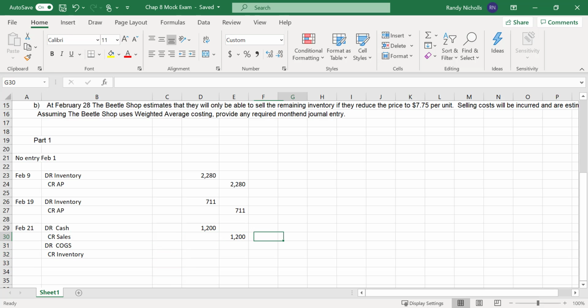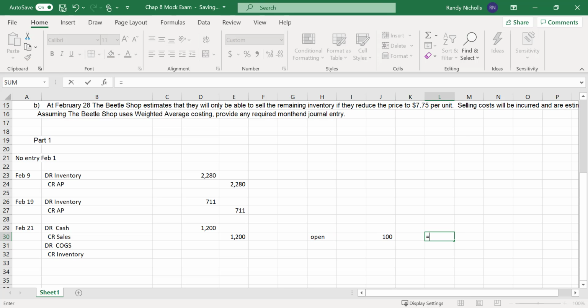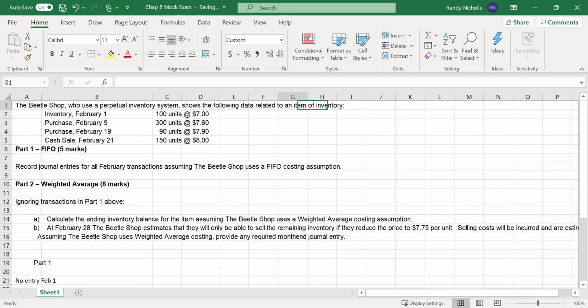So let's maybe just do some math over here. I've got the opening of 100. And then the other 50 units would have come out of this purchase, right? Because that's the first one that came in.